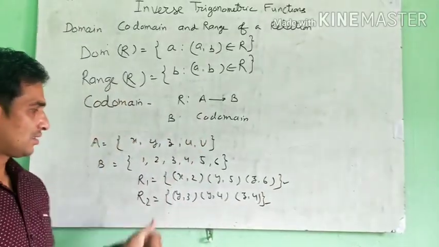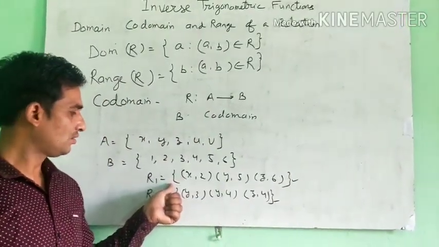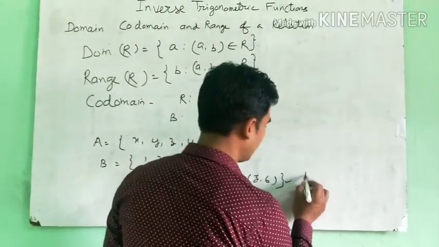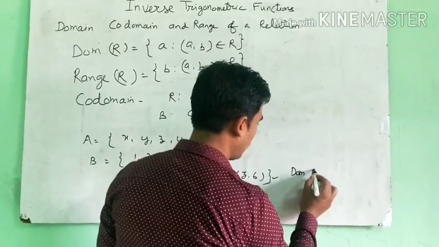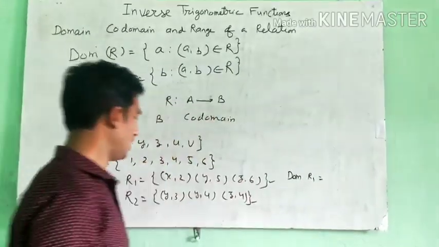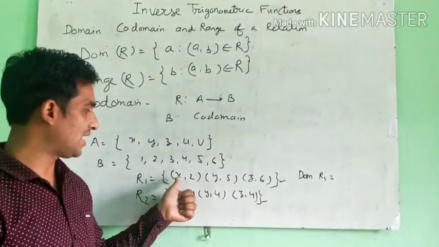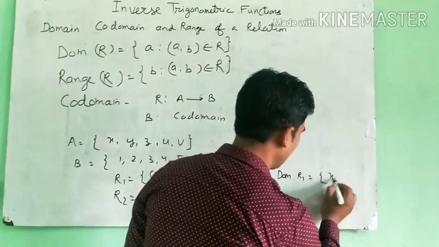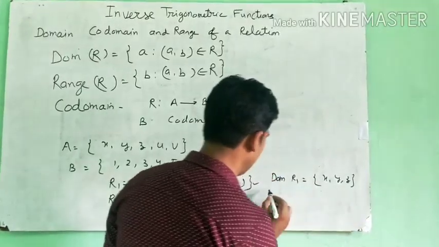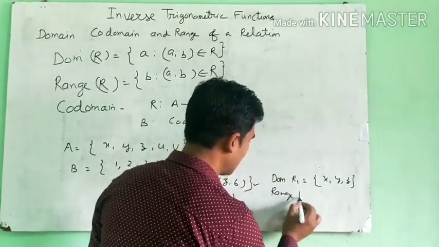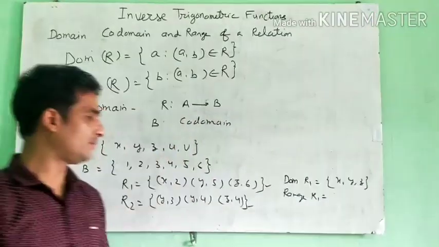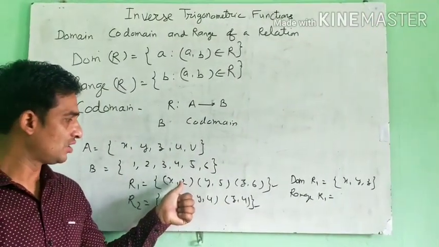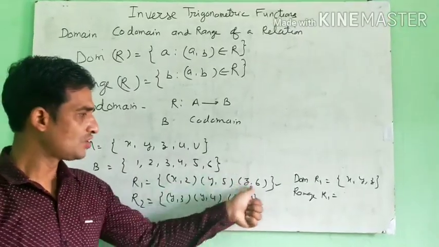Now I discuss the domain of R1 and the range of R1. The domain of R1 is the set of all first elements, that is X, Y, Z. And the range of R1 is the set of all second elements, that is 2, 5, 6.